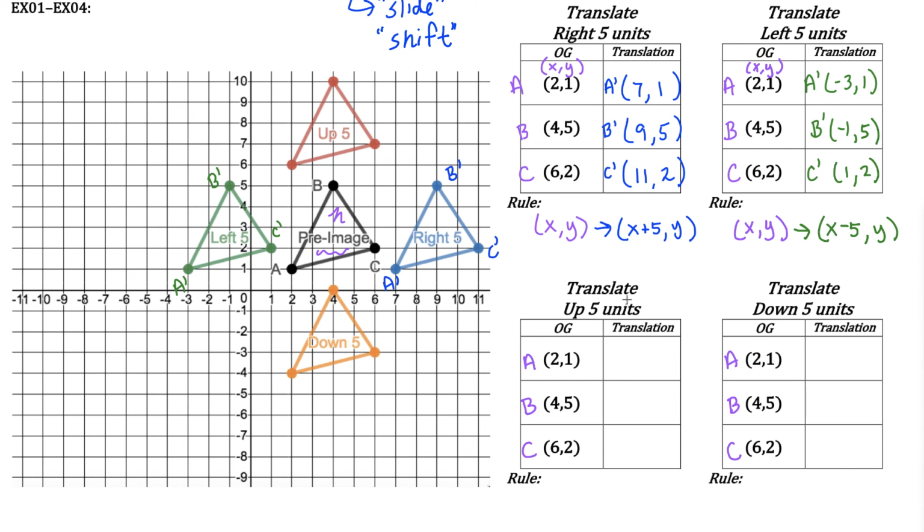Okay, let's try this one. So this is up. So I'm going to do it in this reddish color. So A prime, B prime, C prime. So we had 2, 1. Now it's at 2, 6.